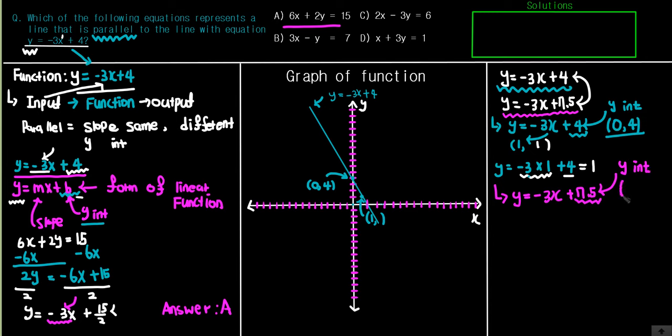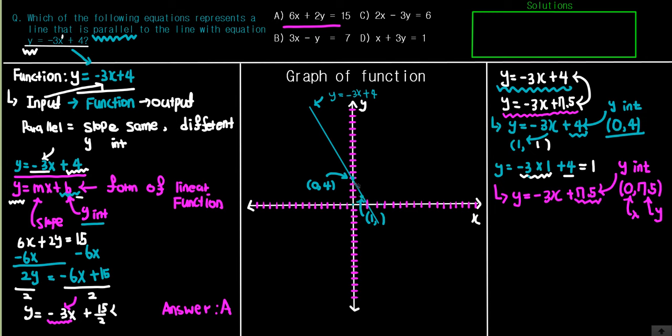Y-intercept means the x value is equal to 0, and the y value in this case is 7.5. So we got one coordinate, and we can plot it on our coordinate plane. When the x value is 0, the y value is 7.5.